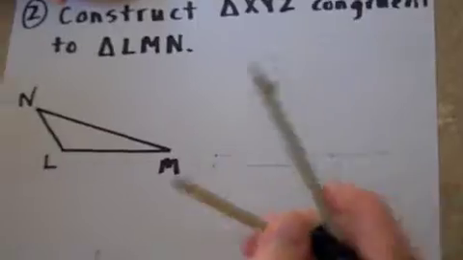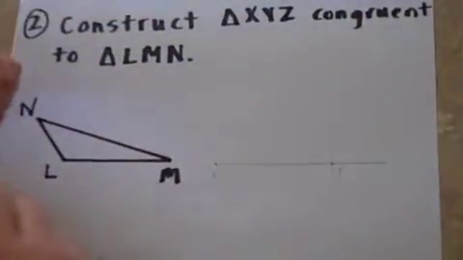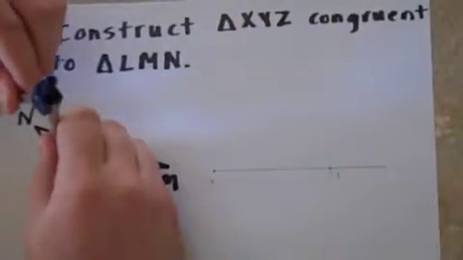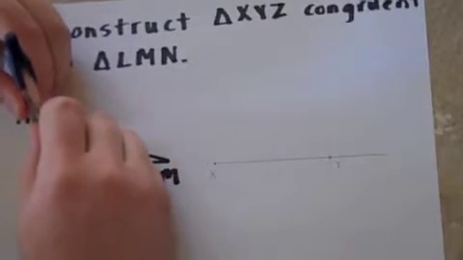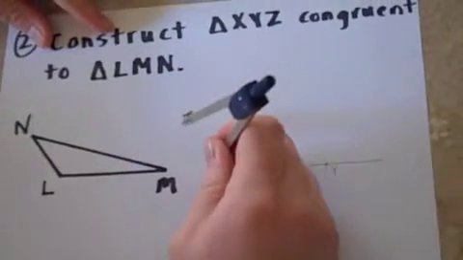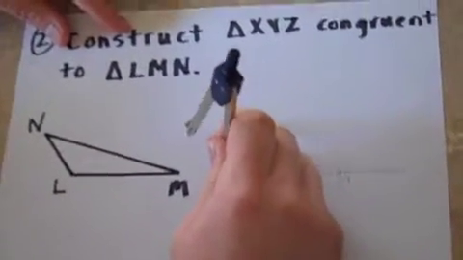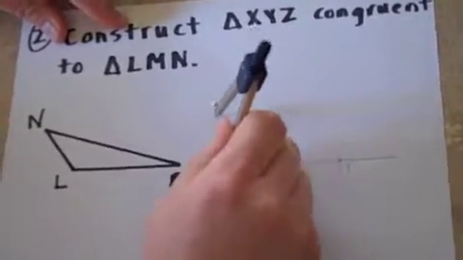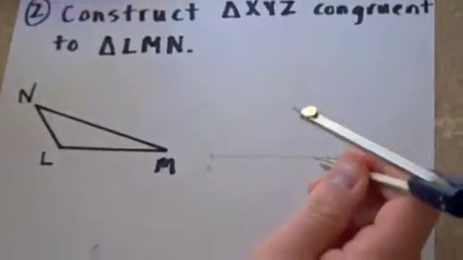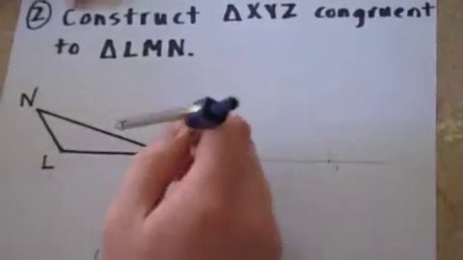So we have one point left to find, and that would be point Z. So we're going to start by measuring L to N. Carry that measurement over here, and about where that position would be, we're going to make an arc. One more measurement to do, and that would be M to N over here.